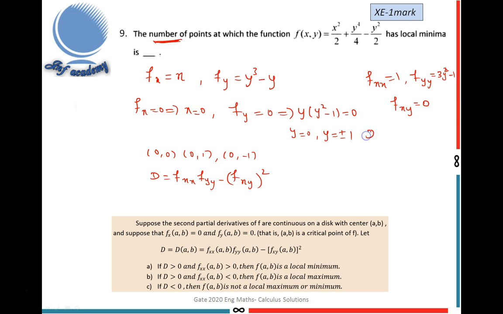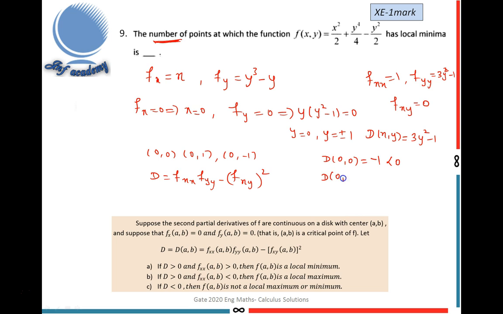So D of x comma y equal to fxx into fyy, that is 3y square minus 1, minus 0. First I substitute the point 0 comma 0: D of 0 comma 0 equal to minus 1. This is less than 0, so that point is not a local maximum or minimum. F of 0 comma 0 is not a local maximum or minimum.